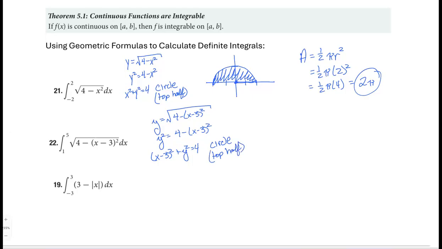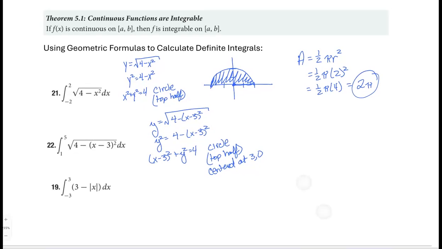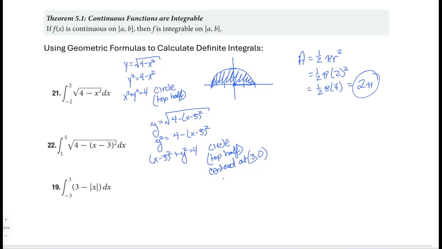This circle is not centered at 0, 0. It's centered at 3, 0. There's your h, k. And the radius is 2. So let's draw a picture of what's going on. Circle centered at 3, 0. Radius is 2.